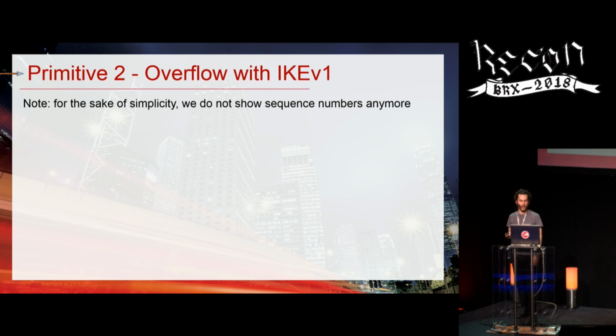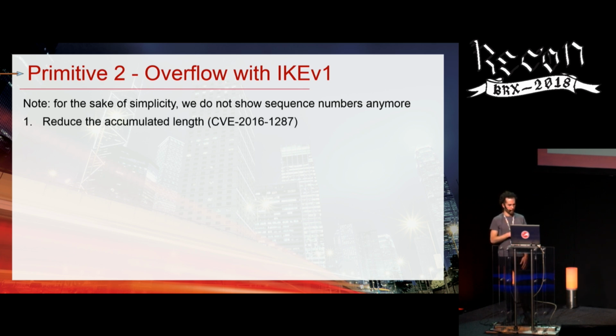The second primitive I want to talk about is the overflow one. From now on, I'm not going to bother indicating the different sequence numbers and last frag bits on the slides, but think that all packets are IKE fragments, and they have sequence numbers, so I'm able to reassemble or manipulate them.